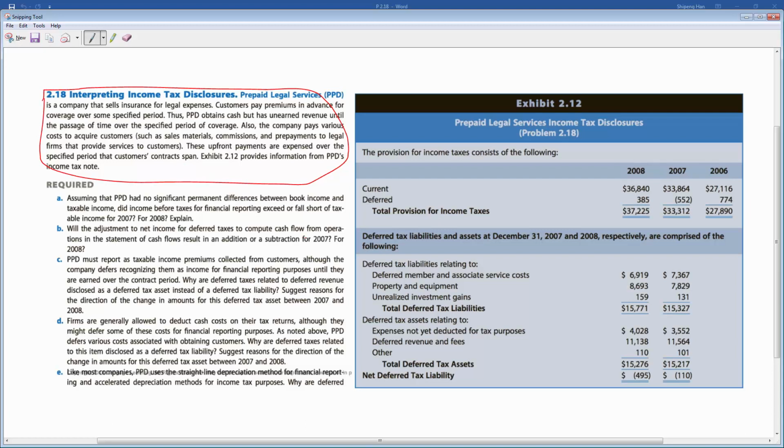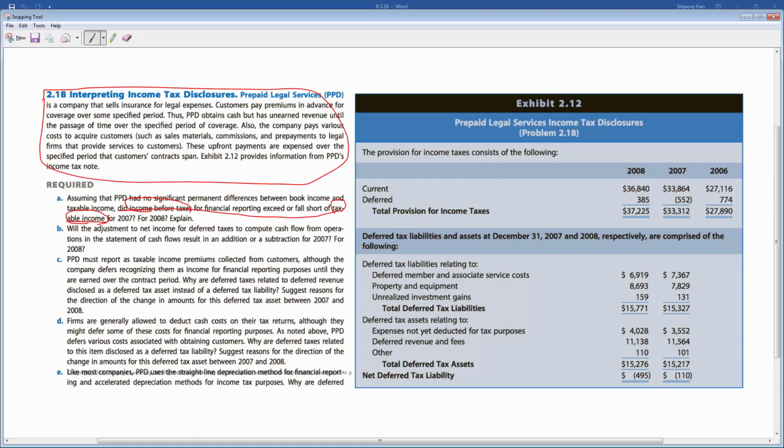Question A. So it asks us to make a judgment which one is greater, income before tax or taxable income, just based on the information given. Right? So actually it is simple, right?